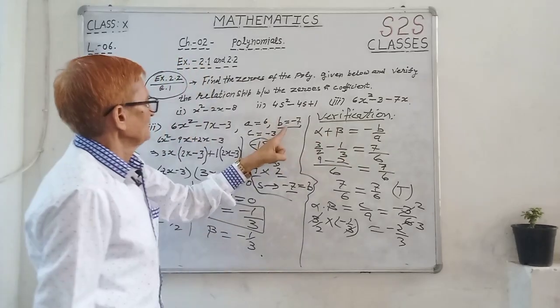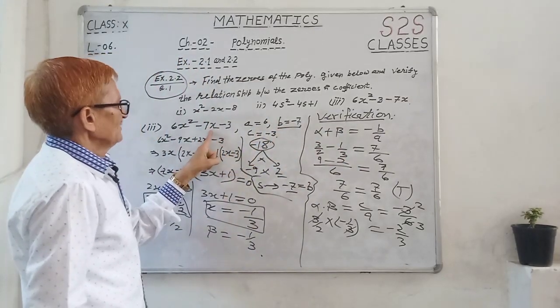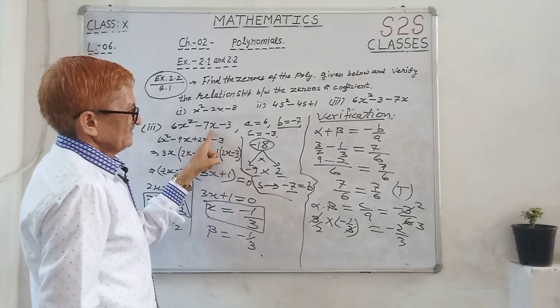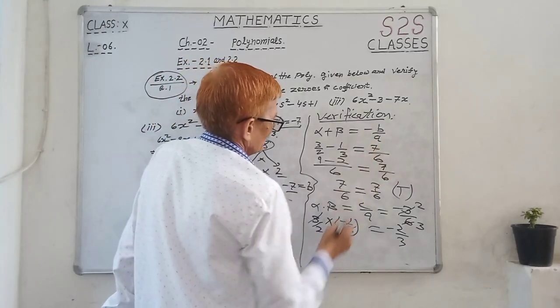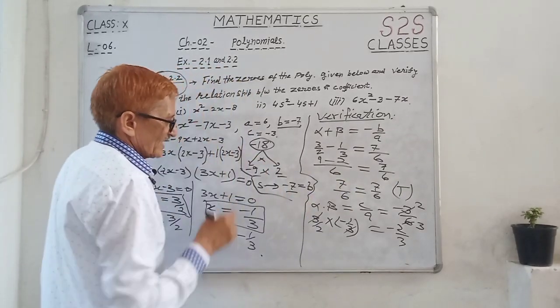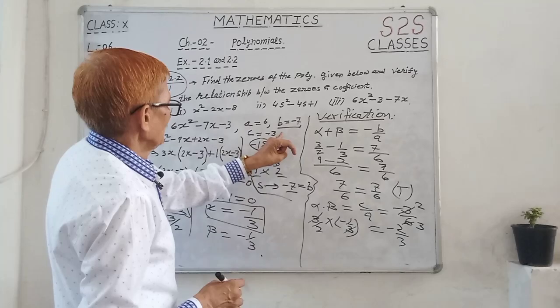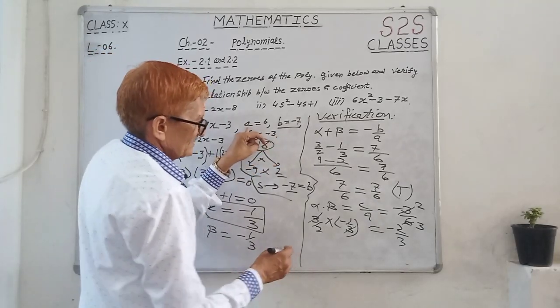Minus b, b is minus 7, minus b upon a, a is 6, 7 upon 6, 7 upon 6. So this is correct. Now product, c upon a, c is minus 3, a is 6.